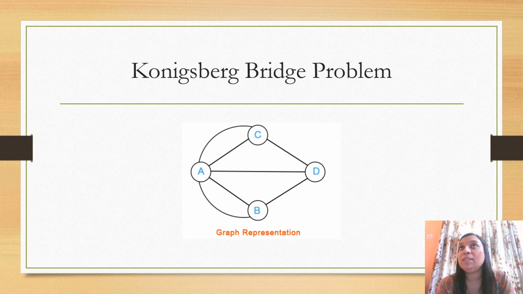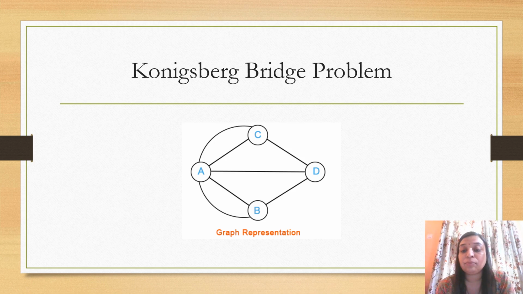Now Euler realized that if you want to visit a landmass, and then you come through a bridge and you don't want to go back using the same bridge, then you have to take some other bridge. That means the number of bridges on each landmass should be even in number, but that was not the case here. Every vertex had an odd number of bridges.